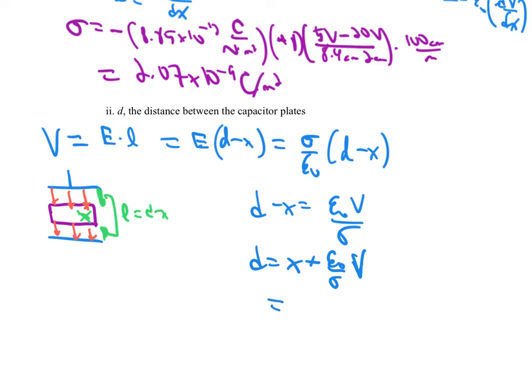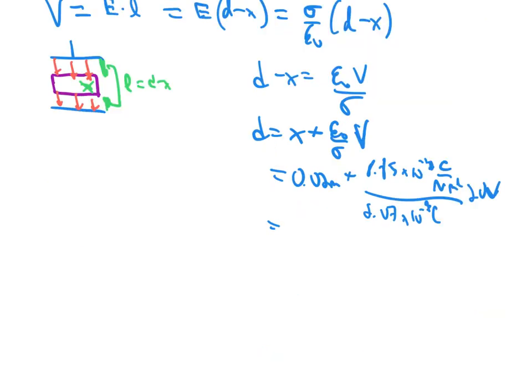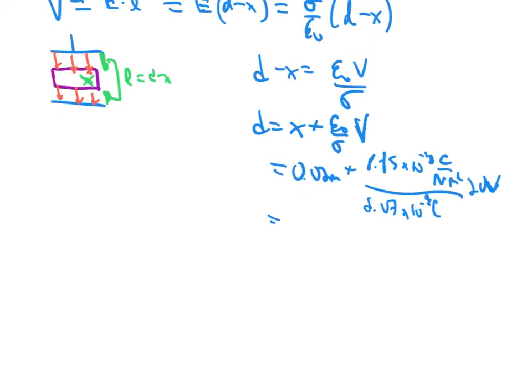I might take the 0.02 meters and then our sigma, which actually had epsilon in it, so I could probably do a cleverer thing, but I don't have to. 2.07 times 10 to the minus 9 coulombs times the 20 volts, and we get 0.106 meters, or 10.6 centimeters. That's a grungy but convenient way to get it.